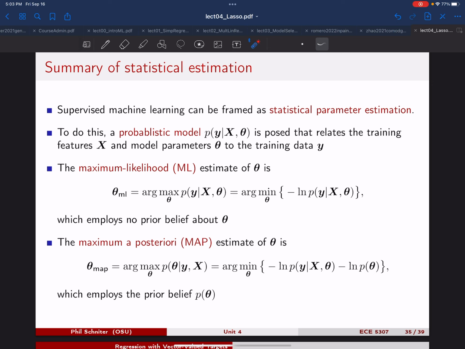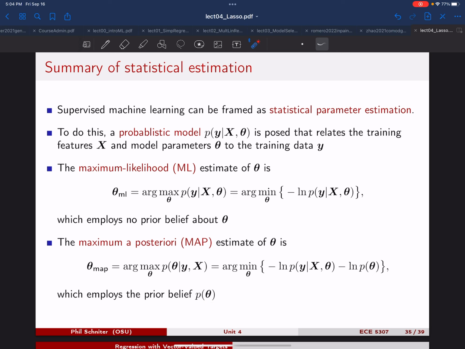That way of fitting your parameters is to maximize this likelihood or minimize the negative log likelihood. And when we do that, we bring in no prior beliefs about theta. We have another option. If we have some prior belief about theta, we can instead maximize this, maximize the probability of theta given the measured data, or equivalently minimize the negative log likelihood minus the log prior. And that does use a prior belief here.